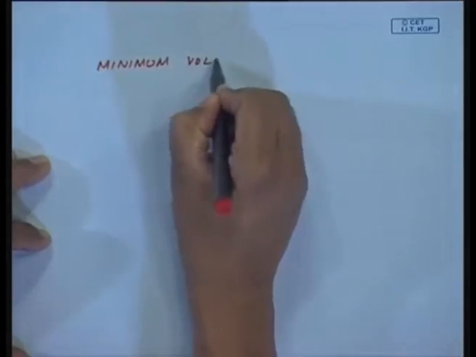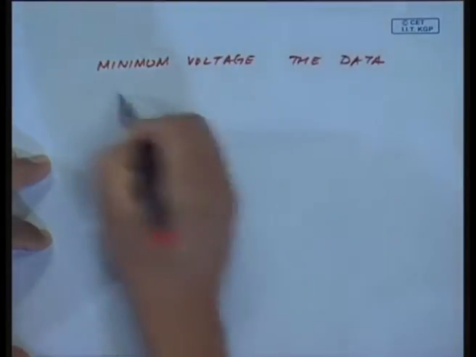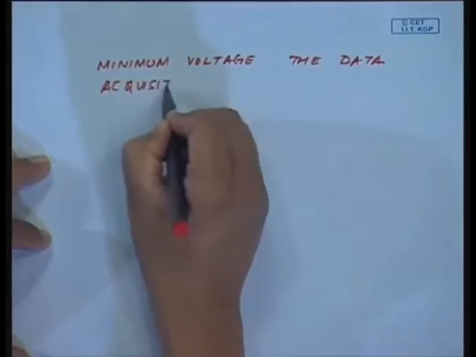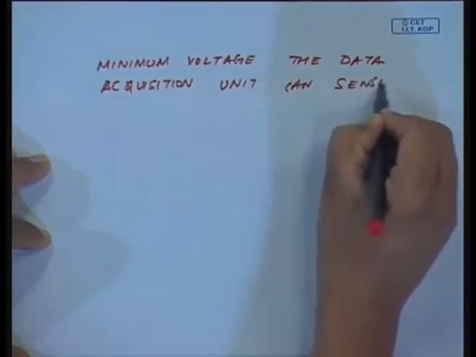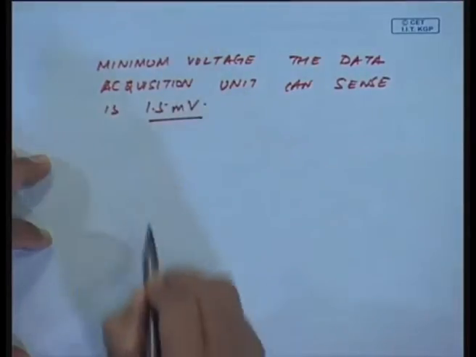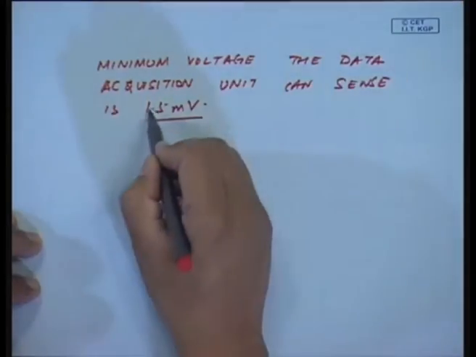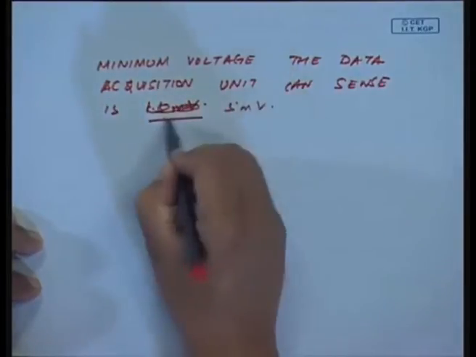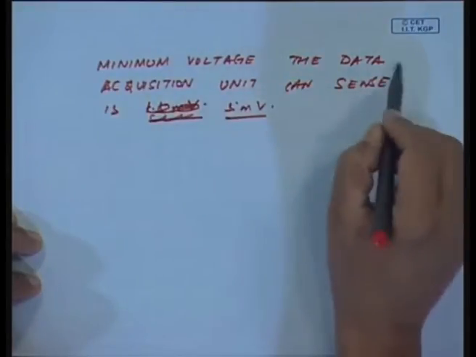Say the minimum voltage the data acquisition unit can sense is 1.5 millivolt, or let me take this, say 5 millivolt, and this is a hardware requirement, a characteristic of the data acquisition unit.